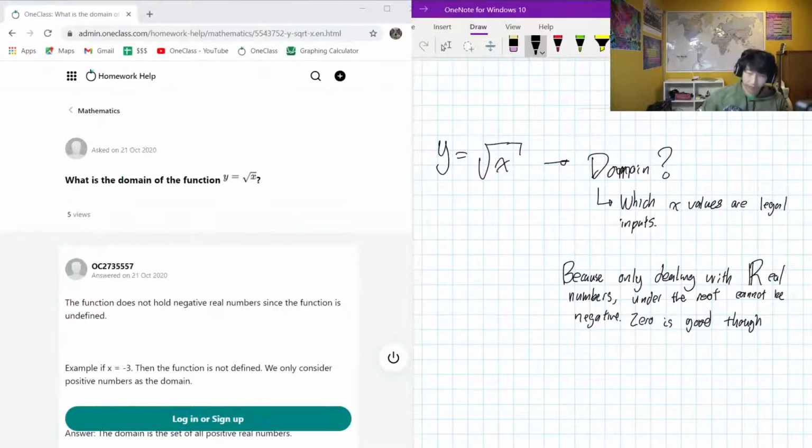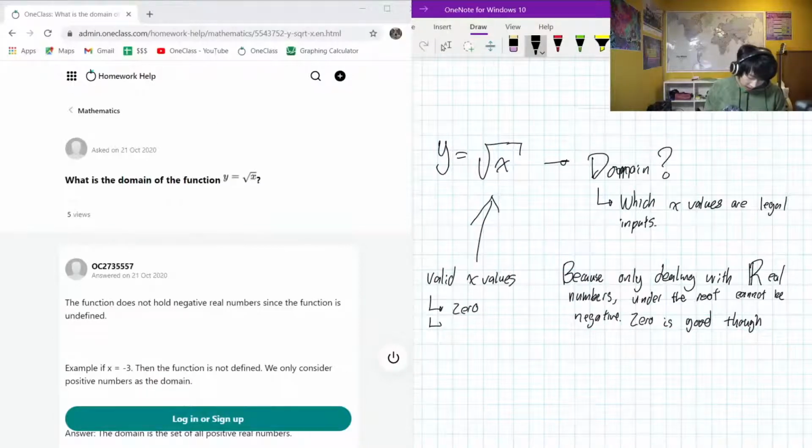Though. Okay, so taking the square root of a negative number, you can't really multiply two numbers together to get a negative number, which is essentially what the square root operation is asking us to do. But 0 times 0, that's 0, so the square root of 0, definitely 0. Okay, so it seems that valid x values, we have 0, and we have any positive real number.